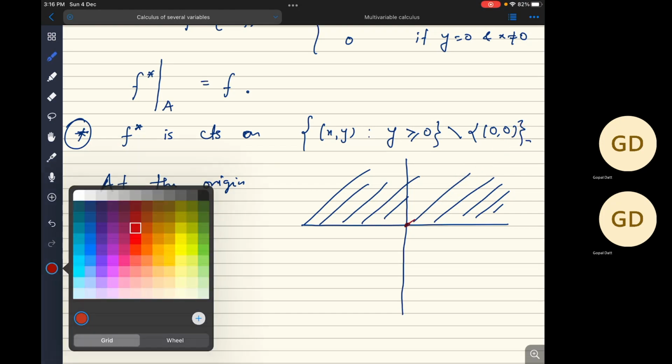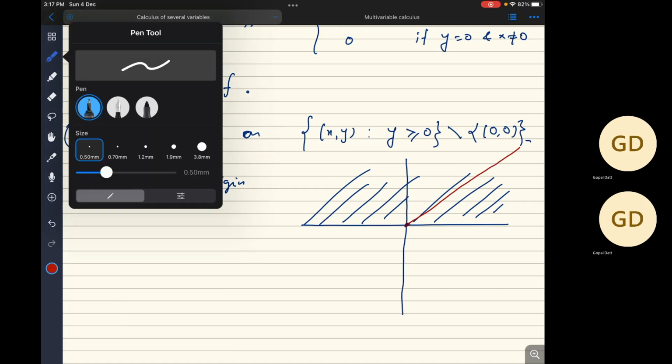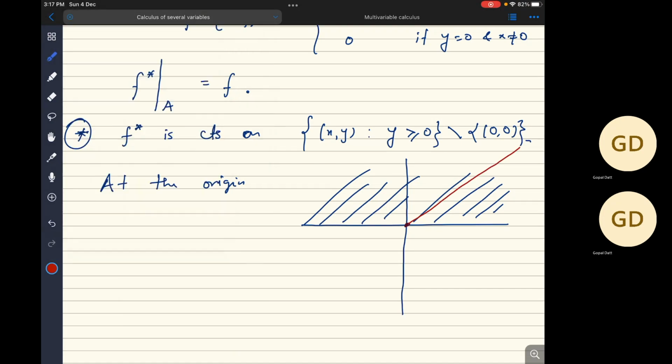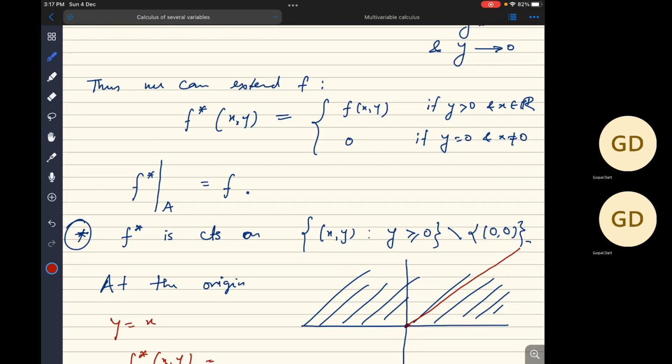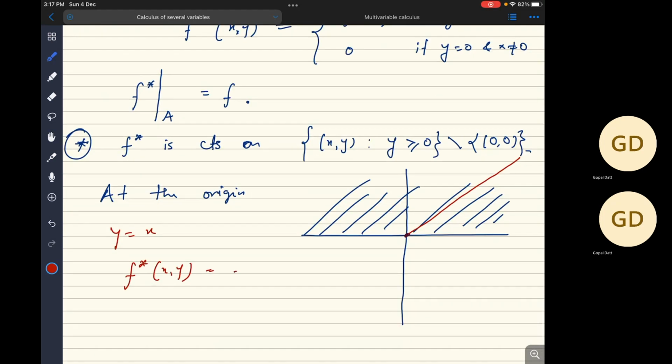Let me draw it. So what happened when y equal to x? When y equal to x, f star x comma y would be e to the minus x square by x, y equal to x.